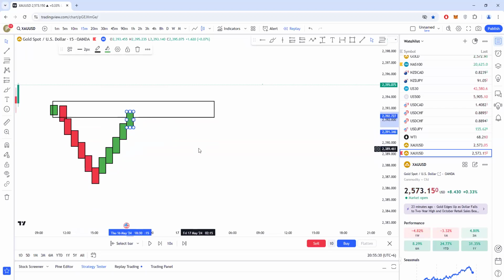What is our expectation? It should fall, right? Why should it fall from there? Because it's a sell zone. Why is it a sell zone? Because we have an engulfing sell from here, isn't it?